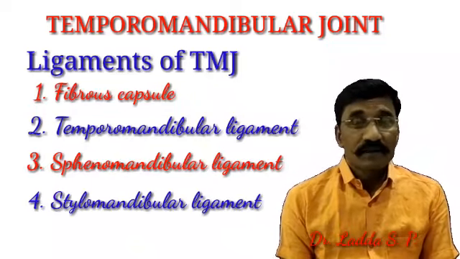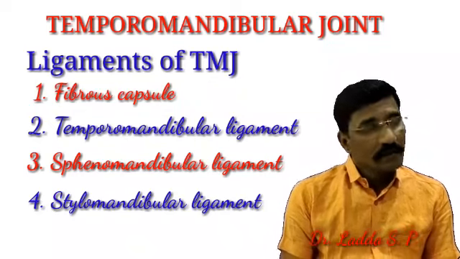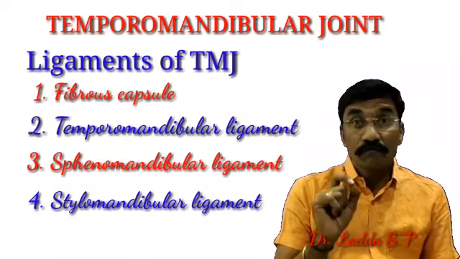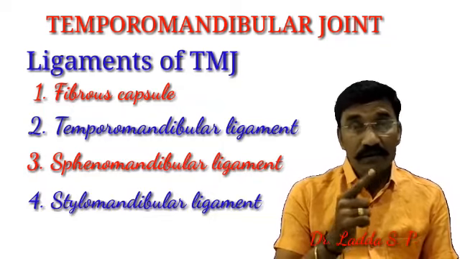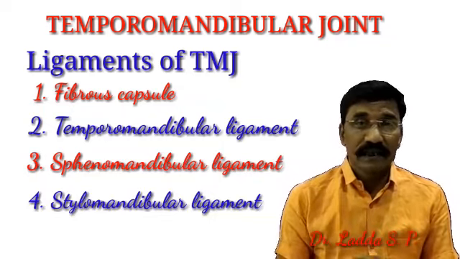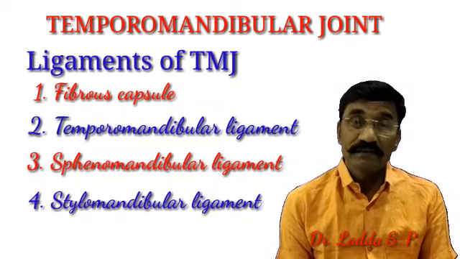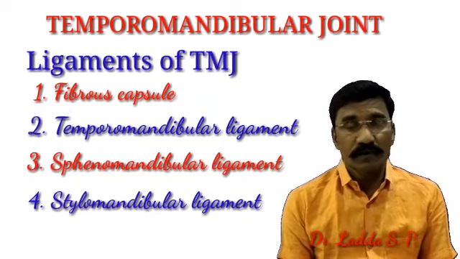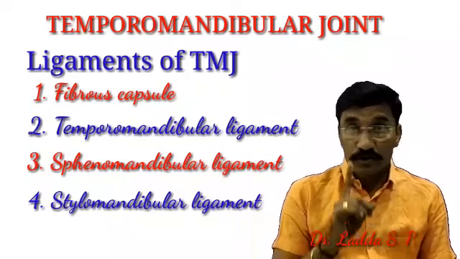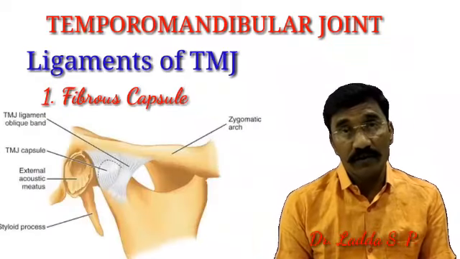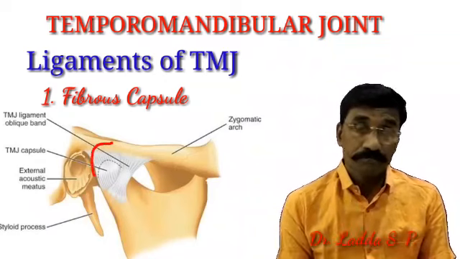In anatomy, there is a rule that the joint's first ligament is the one that covers the whole joint, also called the fibrous capsule. So the first ligament of the temporomandibular joint is the fibrous capsule.